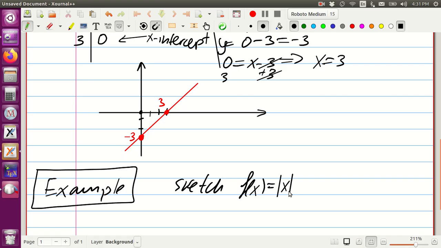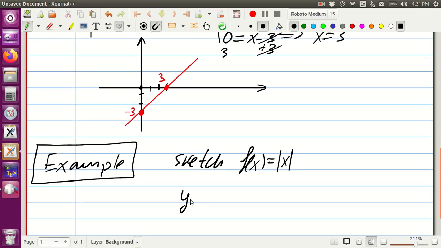That means we have to create our equation y equals the absolute value of x. And if you remember, the strict mathematical definition of the absolute value of x tells us that it's going to be x if x is greater or equal than 0, and it's going to be negative x if x is less than 0.